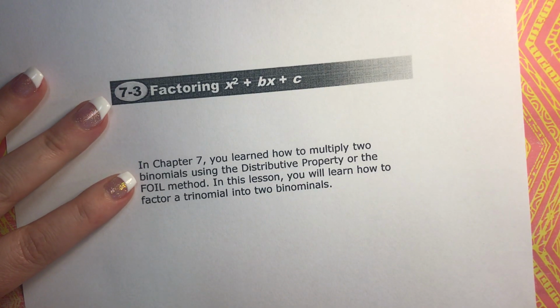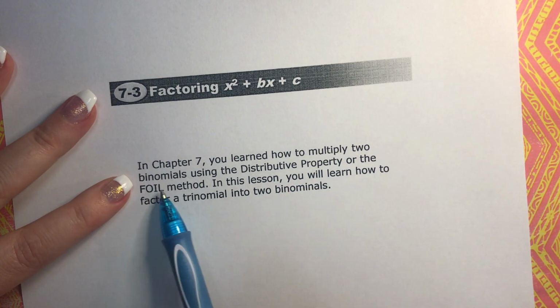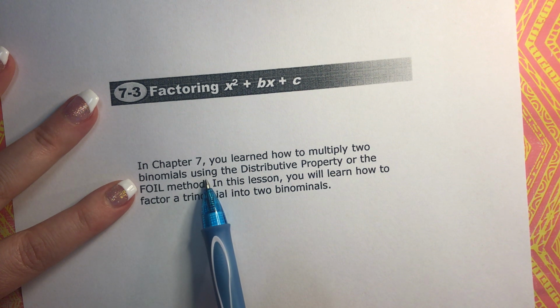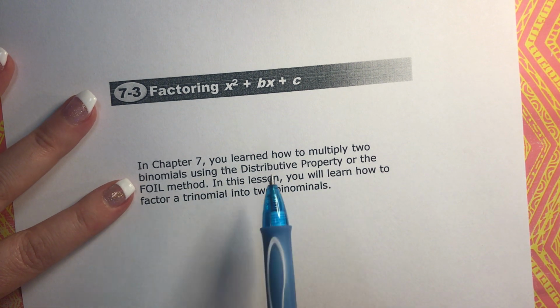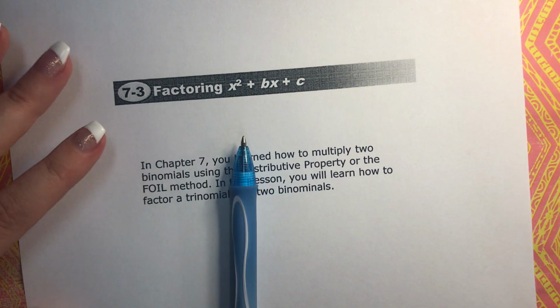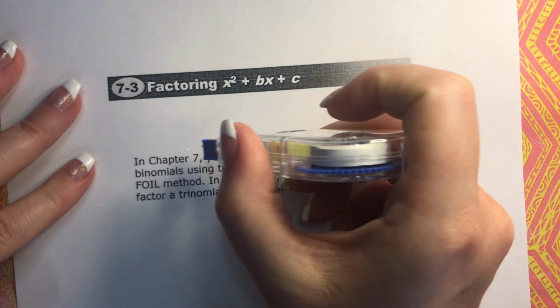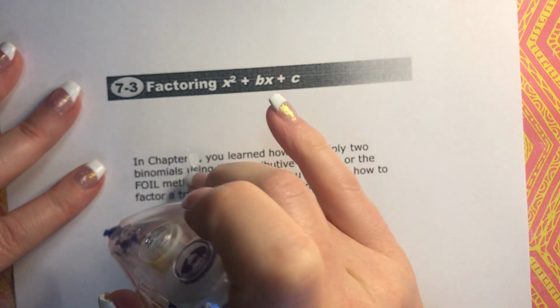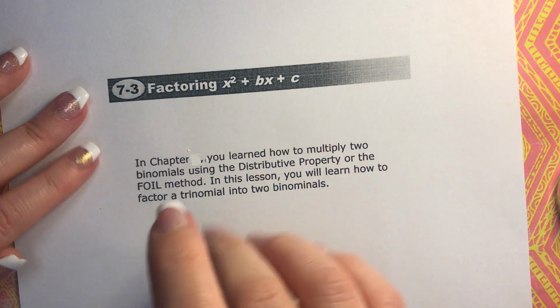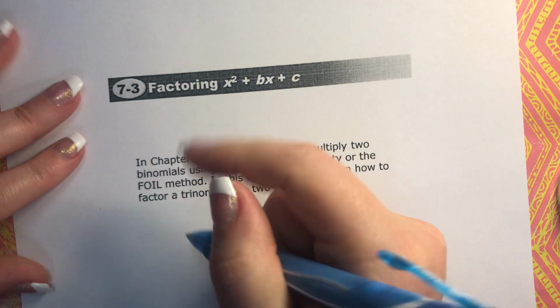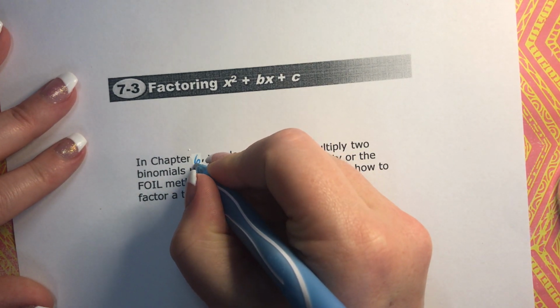So in Chapter 6, you learned how to multiply two binomials using the distributive property or the FOIL method. This here is a typo; that's why I love correction tape, because it just corrects everything. This is supposed to say Chapter 6.